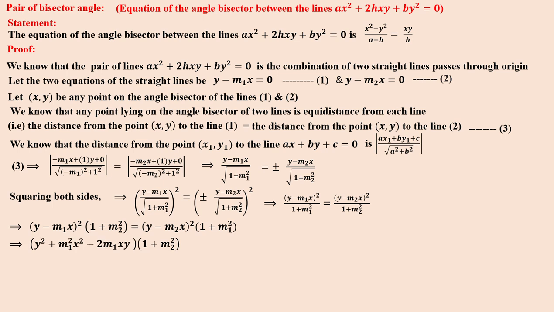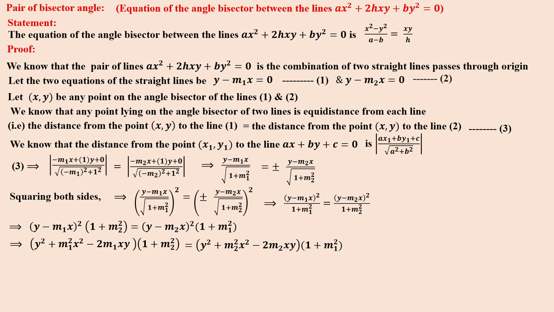Now we are going to use the a minus b the whole square formula on the left hand side. So y square plus m1 square x square minus 2m1xy, into 1 plus m2 square. Similarly on the right hand side, using the same formula, y square plus m2 square x square minus 2m2xy, into 1 plus m1 square. Next you multiply 1 plus m2 square into each term on the left hand side.